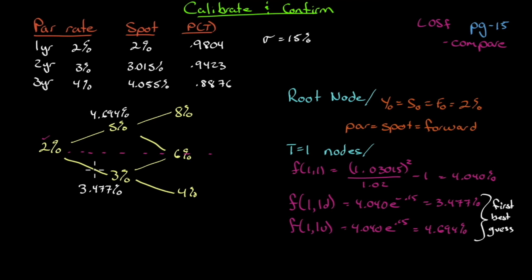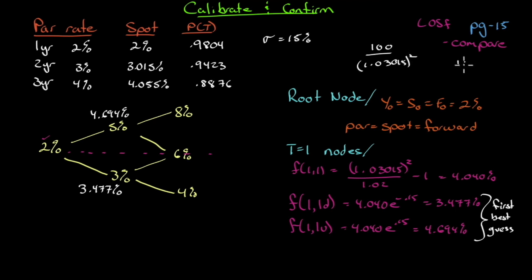I need a 2-year bond. Let's use the 2-year spot. And I should recover the price, 0.9423. Because remember, we can get to the price, 0.9423, by taking 100 and dividing by 1.03015 squared.